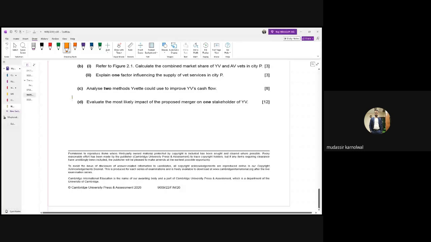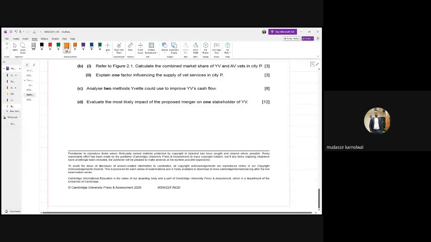Then D part, evaluate the most likely impact of the proposed merger on one stakeholder of YB. Many of the stakeholders would be affected by the merger, but the major effect would maybe be on customers. So we can write that one stakeholder affected by merger is the customer. Yes, the conflict regarding working culture is correct if you are writing about employees.